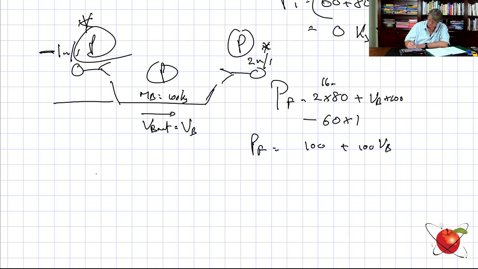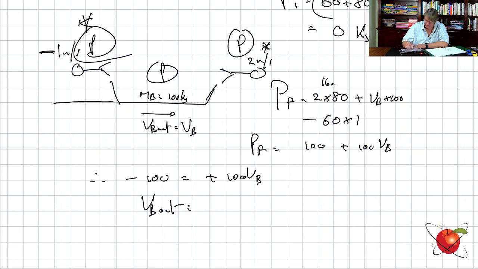Therefore, minus 100 equals 100 V boat. Therefore, V of the boat is going to be equal to minus 1 meter per second, which means the minus there indicates I had the wrong choice.